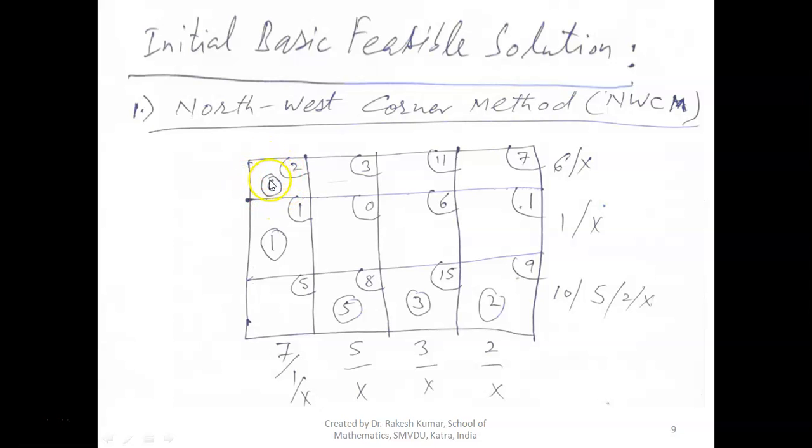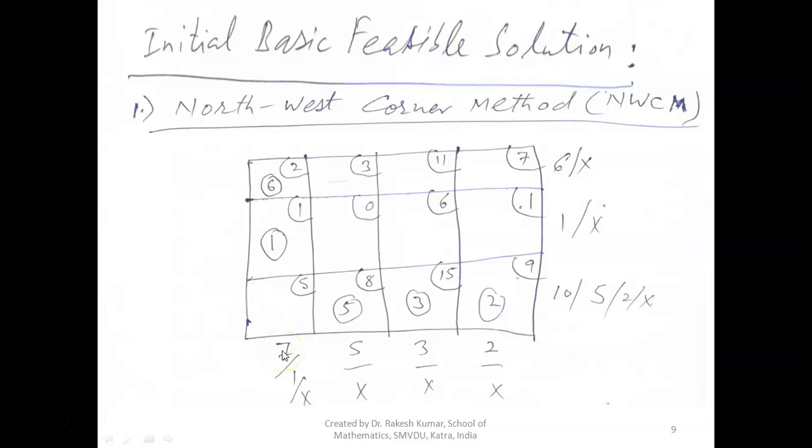Now transport as much as you can to this cell. So how much can I transport? That is only a maximum of 7 units, because 7 units is the total demand at this first demand center.